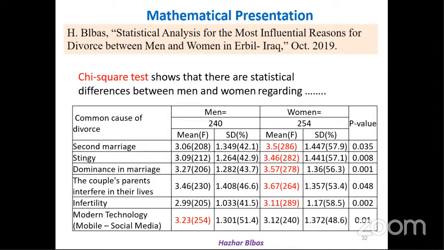It means that depending on these 7 causes, just modern technology would be a reason for divorce by men. The others would be reasons by women rather than men.